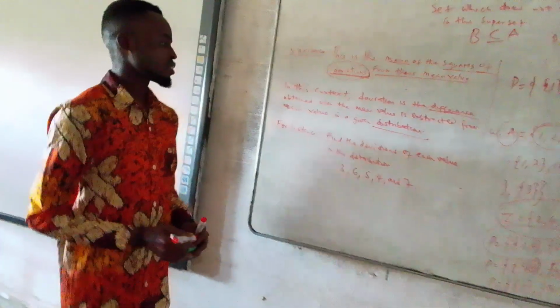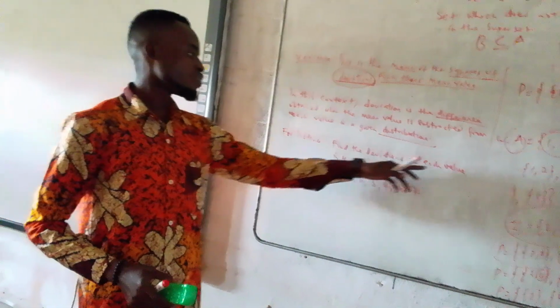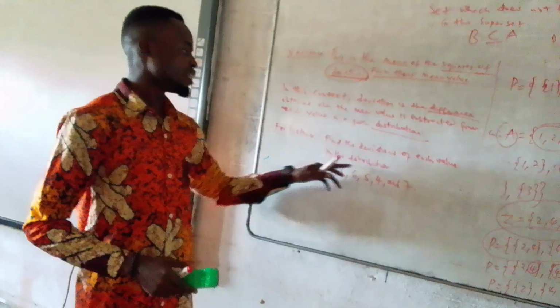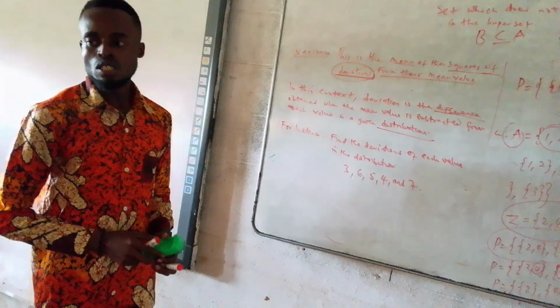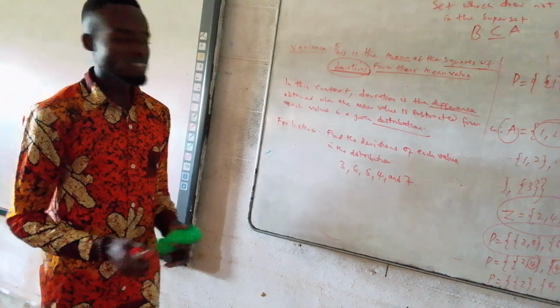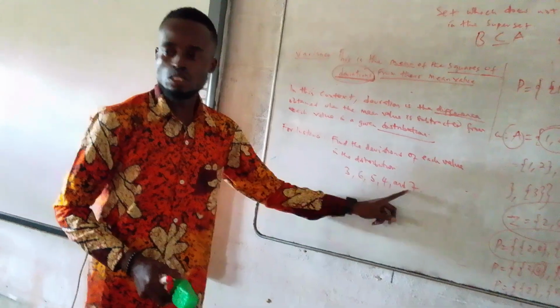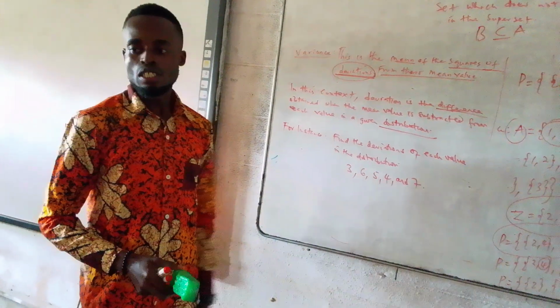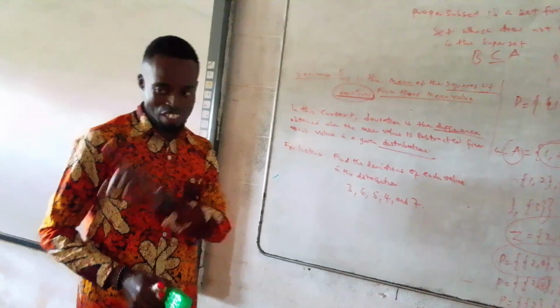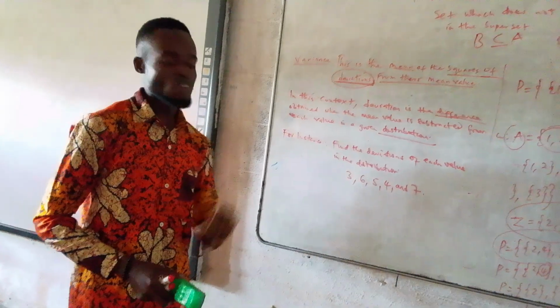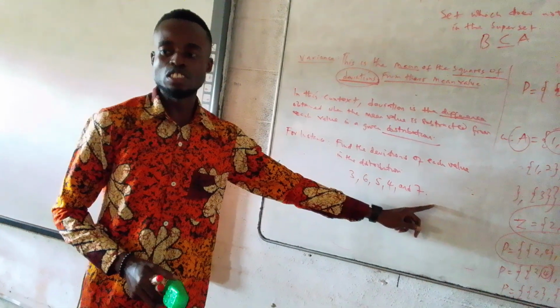Look at this now. Find the deviations of each value in the distribution. It means subtract the mean of this set of values from each of them. I have to calculate the mean first. So you have to get the mean of this set of values of this distribution.